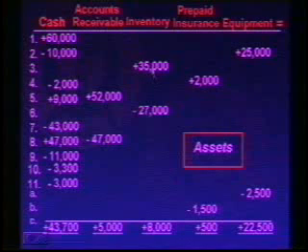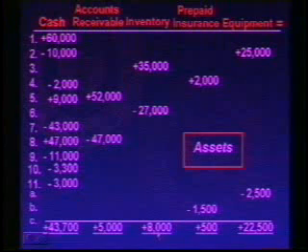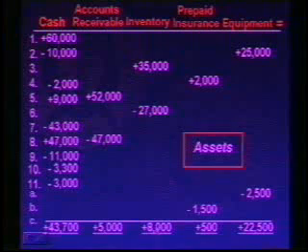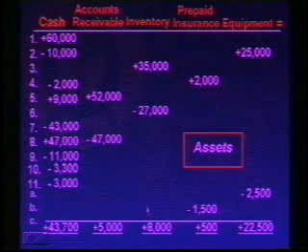Inventory. We bought $35,000 in inventory. We sold 27. What do we have left? 8. This is very easy stuff. In all honesty, accounting is a very, very easy process. Once you understand what type of account it is, all you're doing is adding things up.